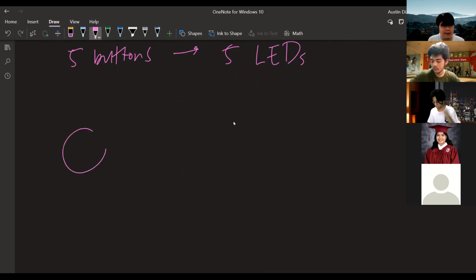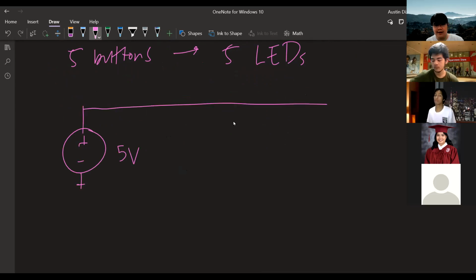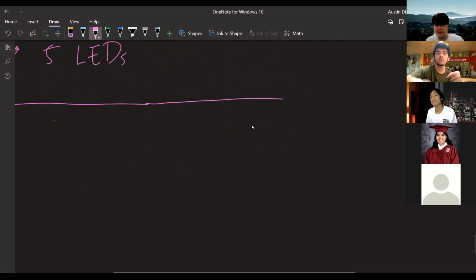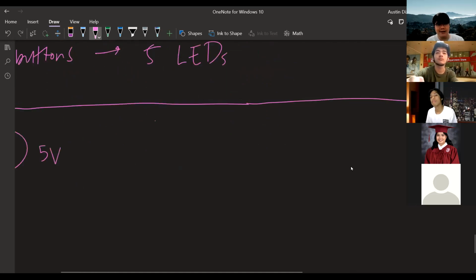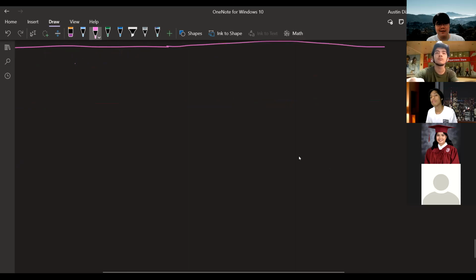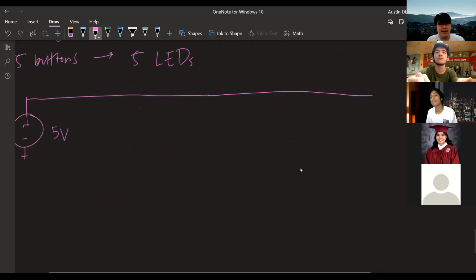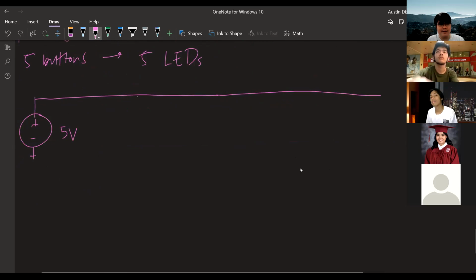Okay. Ground tayo. 5-volt source. Okay. Ground. Then I'll make a long line here. So yan ay 5 volts lahat. So kakabit na lang ako dyan kapag gusto ko. And then I have buttons.